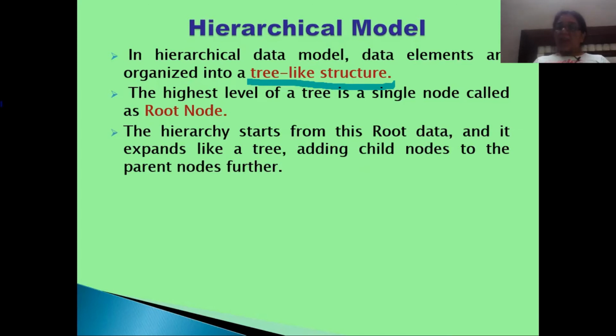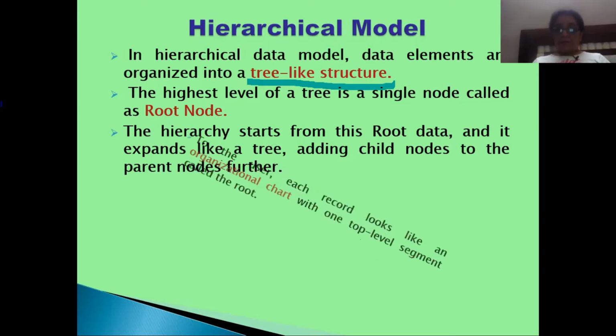The hierarchy starts from this root data and it expands like a tree, adding child nodes to the parent nodes further. As we have a tree के अलग-अलग branches होते हैं. Similarly here, जैसे जैसे levels add होते जाते हैं, child nodes add होते जाते हैं. It takes a structure of a complete tree. This we'll see through an example in the coming up slides also.